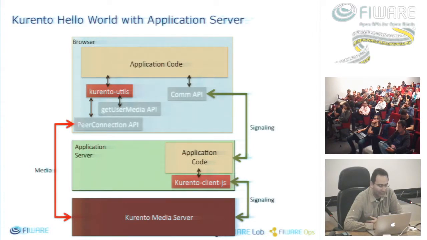And once the application server has made the appropriate authentications or has executed appropriate logic, you can just put the code creating the media pipeline and managing the different media elements at the application server. And in that case, the only issue is that you need some kind of mechanism for transporting the SDP offer from the browser to the application server and the SDP answer from the application server to the browser.